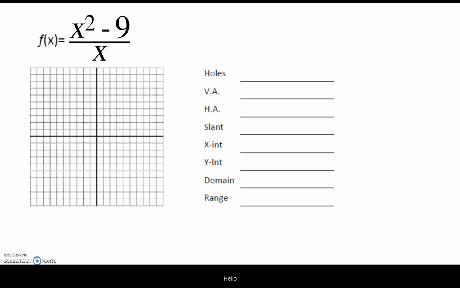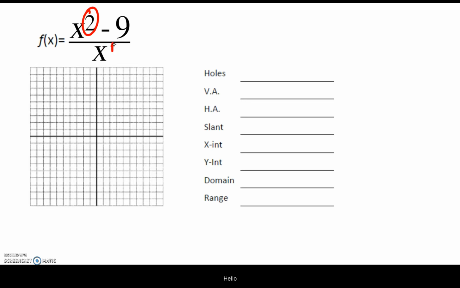Okay, let's look at this first example here. This is on the third page of your graphs there that I gave you, the one at the very bottom. F of x equals x squared minus 9 divided by x. Now, like we said, this is not going to have a horizontal asymptote because the degree of the numerator is greater than the degree of the denominator.